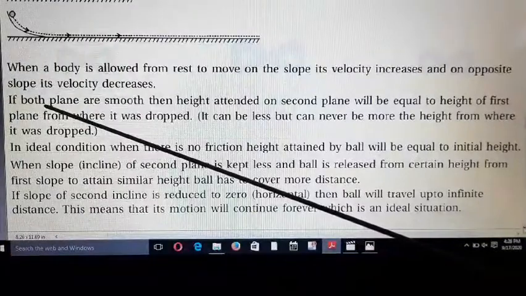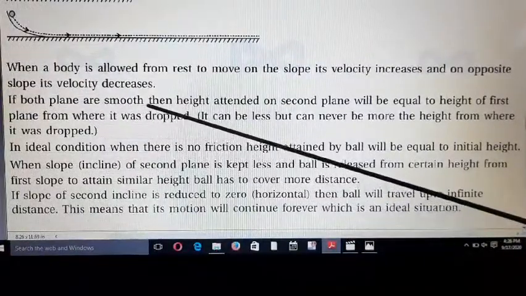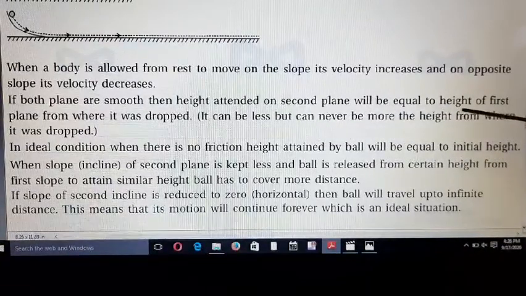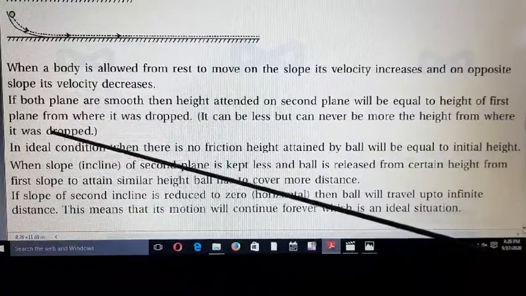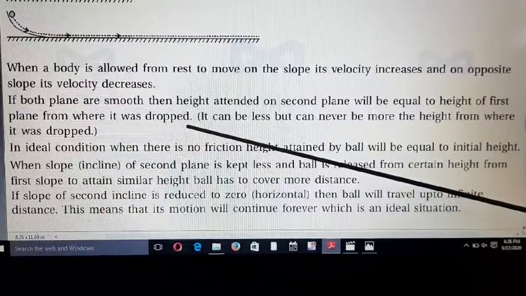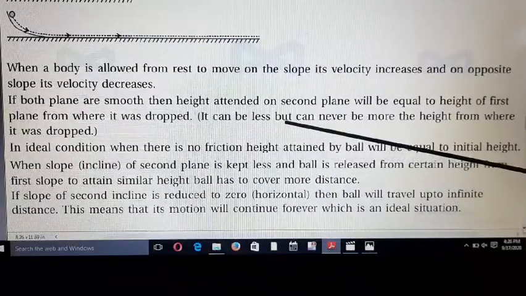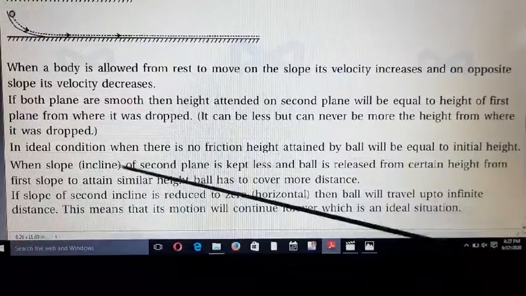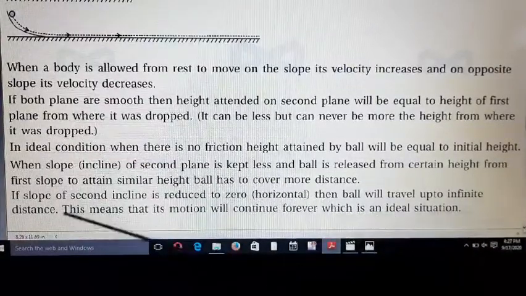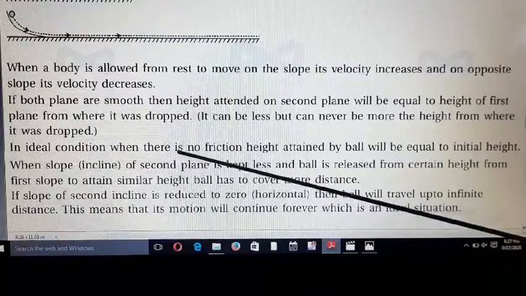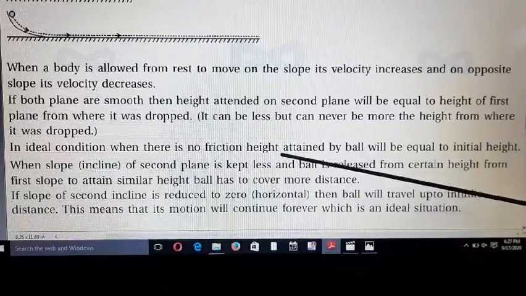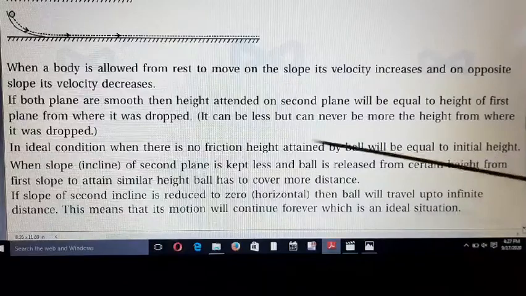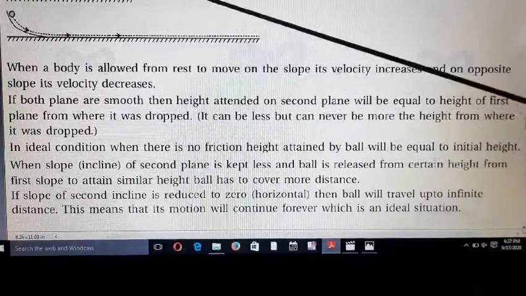If both planes are smooth, the height attained on the second plane will be equal to the height of the first plane from where it was dropped. It can be less but it can never be more than the height from where it was dropped. In the ideal condition, when there is no friction, the height attained by the ball will be equal to the initial height.